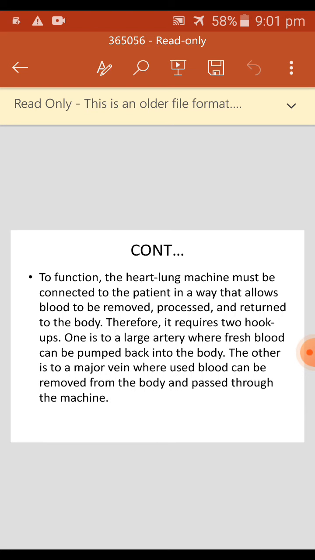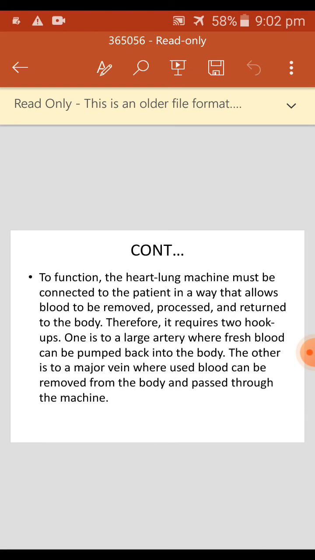Components of the heart-lung machine: HLM basic components. Another one is additional HLM components. Mobile console for mounting multiple pumps. Adjustable mast system for mounting blood pumps. Control and monitoring devices, then display and control panel.